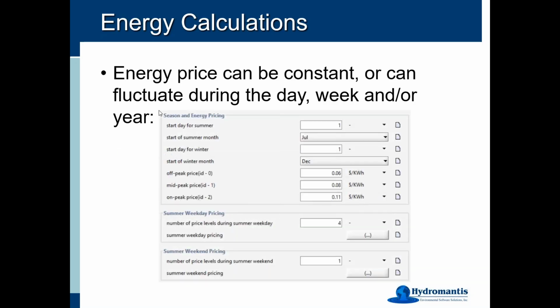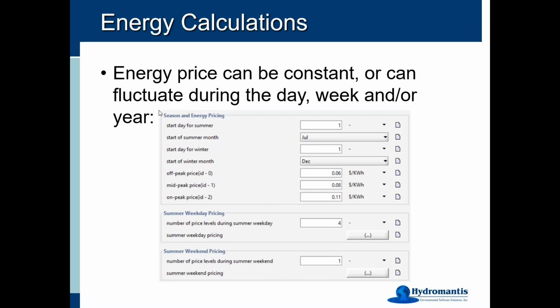And lastly is our full-on season and energy pricing, which is the most sophisticated way to set the price. First of all, there's pricing by month during the year, so there's sort of summer pricing and winter pricing. Then within a particular day, we have times that are more expensive than others, and we have 3 prices here: off-peak, mid-peak, and on-peak pricing.